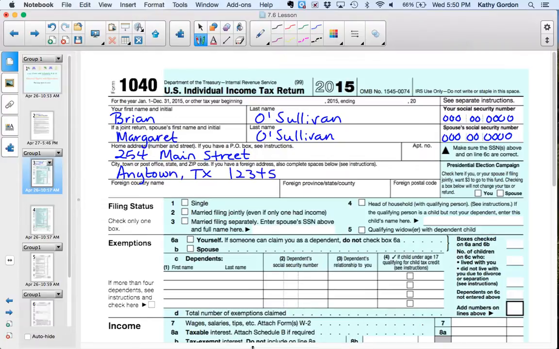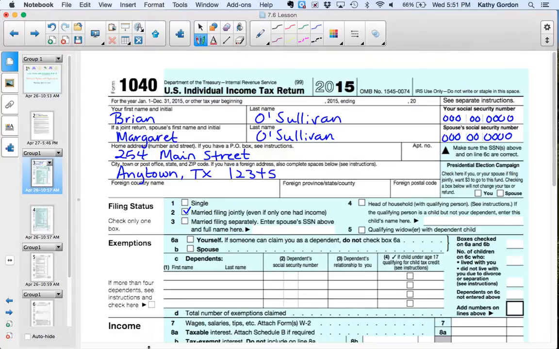Okay, we're just making something up because we need some sort of an address for this family. There's no information that says that they have any foreign address or that they're earning any money outside of the country, so we don't need to fill in that line, and we're going to pass on the presidential election campaign contributions. Okay, so for filing status, we just said they're going to be married, filing jointly, so we'll check that box.